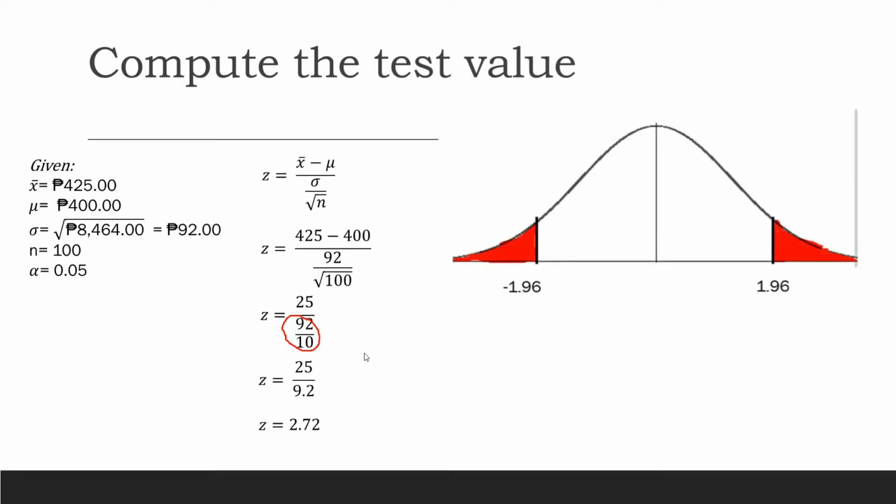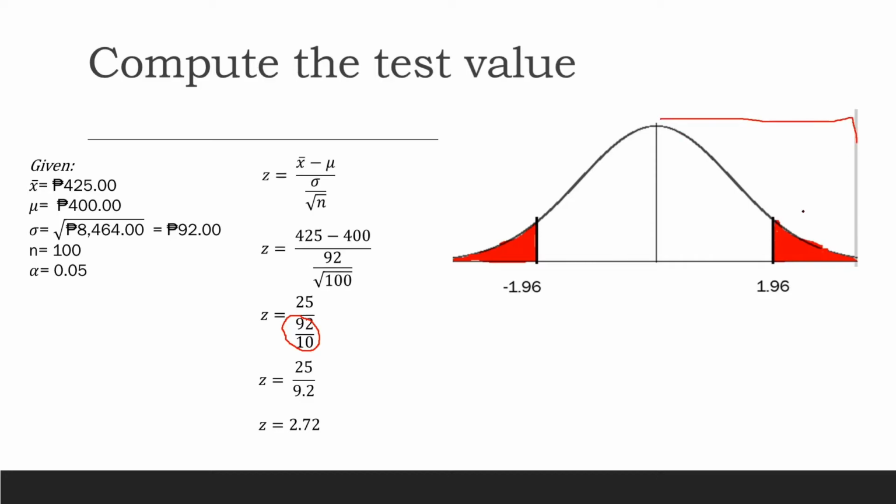So, this is the normal curve that we have, and then this is the critical value, and then, kailangan lang natin ilagay yung ating test value sa ating normal curve. So, yung test value natin is positive. So, nandito siya sa part na to dahil ito yung positive natin.